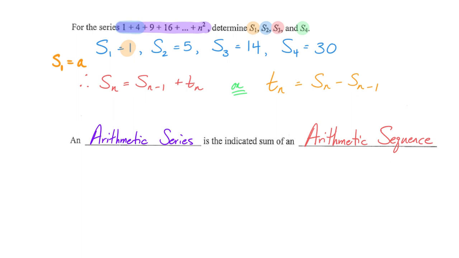For me to come up with the sum of the first 3 terms, I might take 1 plus 4 plus 9, or maybe I say, well, I already took 1 plus 4 before, so now I'll just add a 9 to it. Then to come up with the sum of 4 terms, maybe you say, hey, I'm going to go 1 plus 4 plus 9 plus 16, but I'm going to bet that a lot of people would have just looked at that and said, well, I already did the sum of 3 terms.